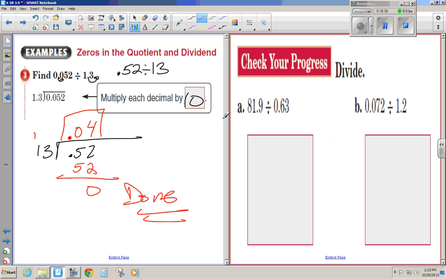All right, here's some more dividing, checking your progress. So, what you divide by, you have to move the decimal. Move it 1, 2 times. So when I moved that 2 times, you ended up with 8190 and 63. So we do the division. 63 goes into 81 one time. 1 times 3 is 3, 6.